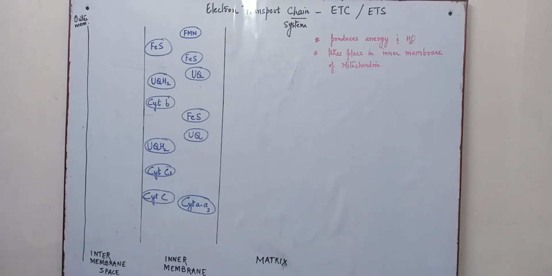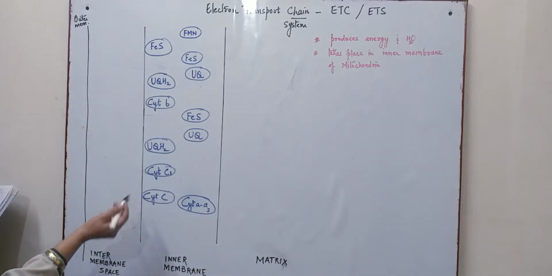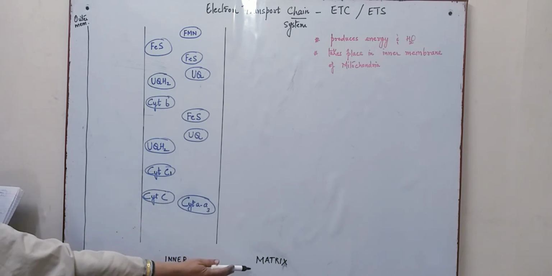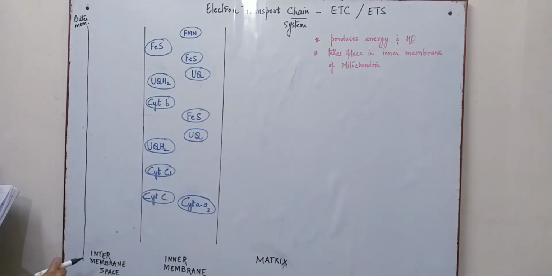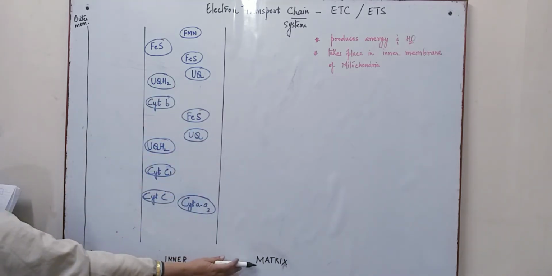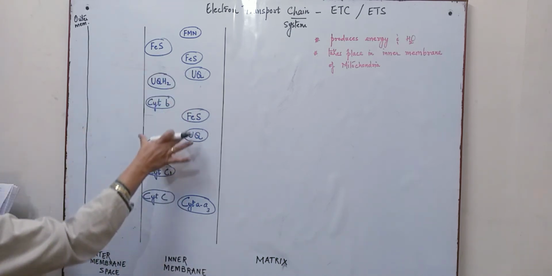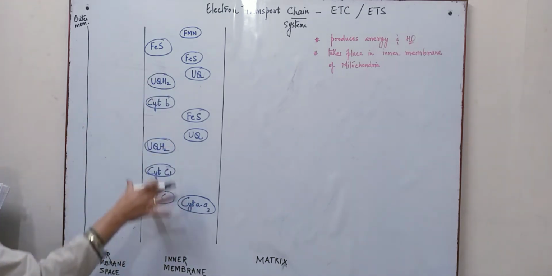Now here I have drawn a diagram showing you the explanation, showing you the structure. This is the matrix of the mitochondria. Since the entire process is taking place in the mitochondria, we are talking of mitochondrial matrix and inner membrane, which is having a series of electron carriers, which we'll be discussing.